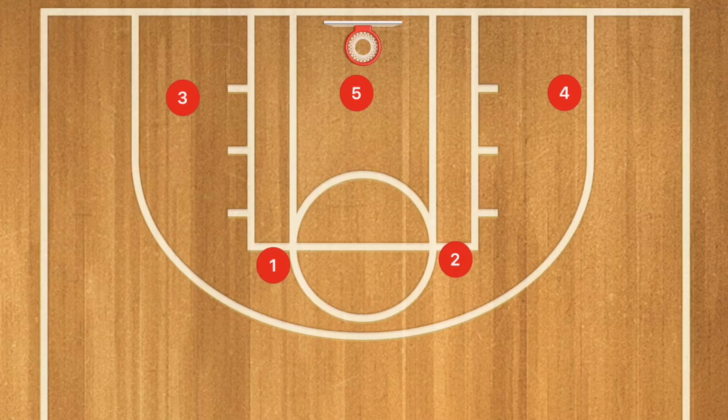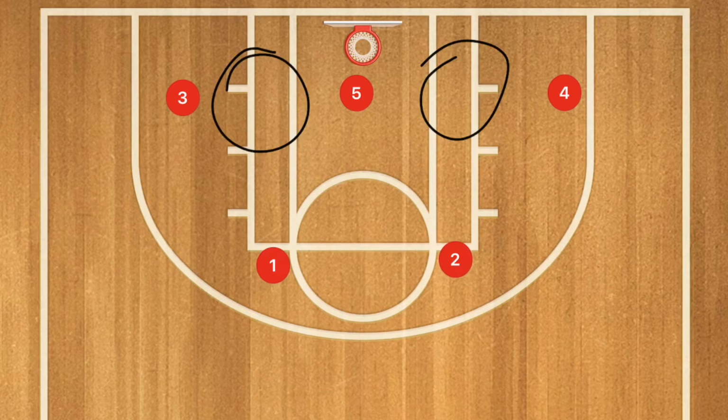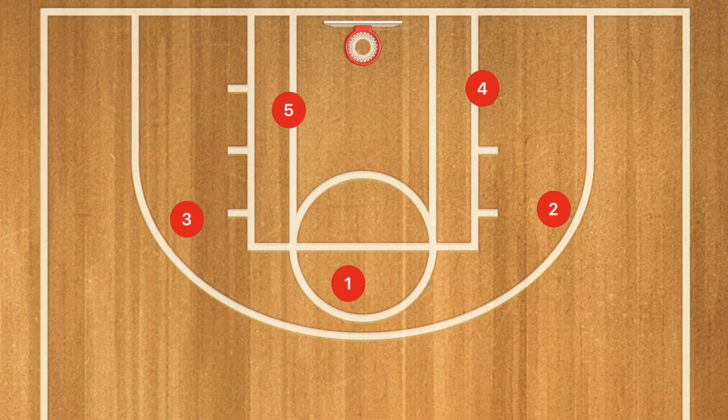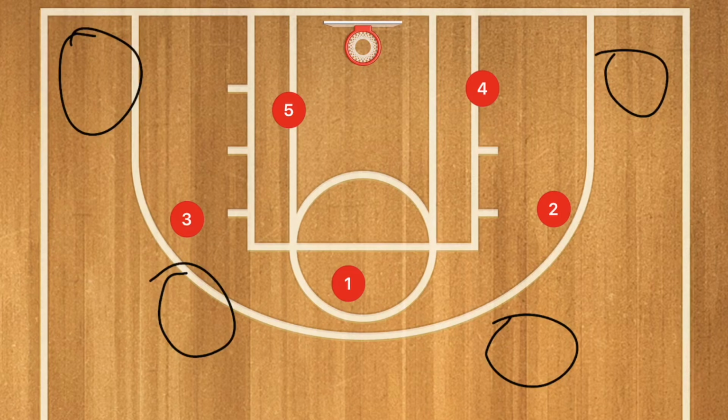So in a 2-3 zone, there's going to be generally double teams in the low block because you do not want any baskets being made in the key. And that specifically works very well with the 2-3 zone. Meanwhile, in the 3-2 zone, it's basically backwards, where you're going to be having double teams along 4 areas of the court along the 3-point line.